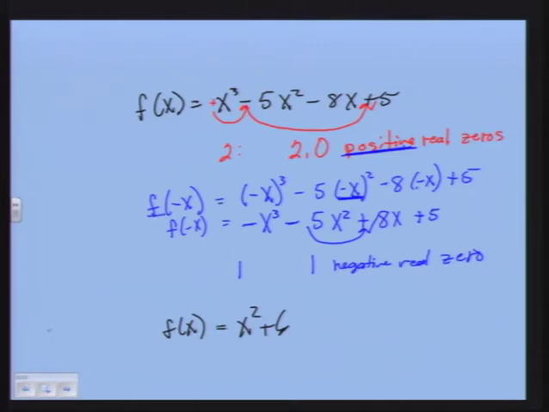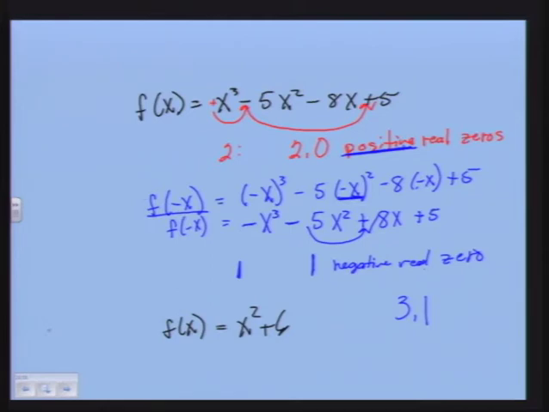Then looking at f of opposite of x, I get one sign change. That means there's one negative real zero. If I'd had like a 3 there, then I would have decreased it by 2 and said we have either 3 or 1 negative real zeros.